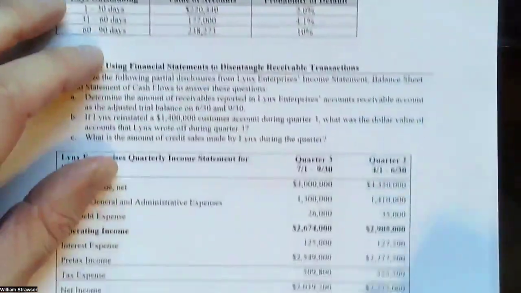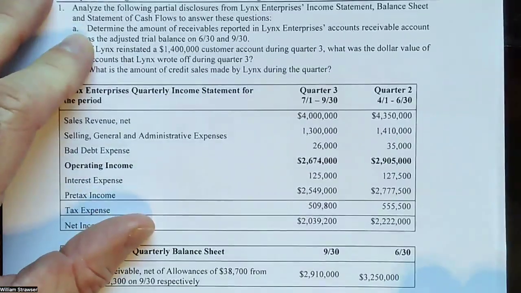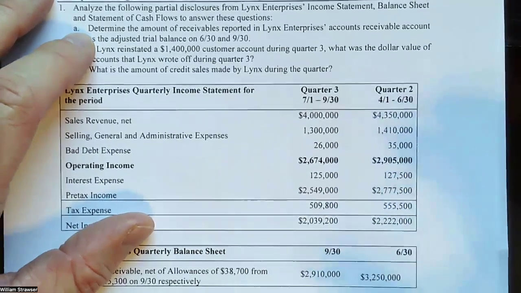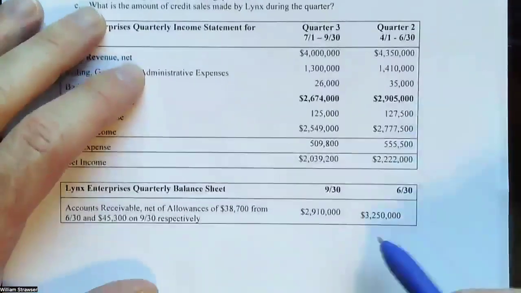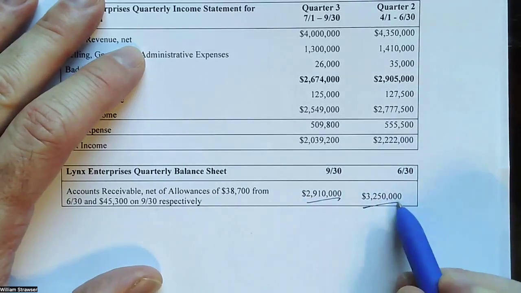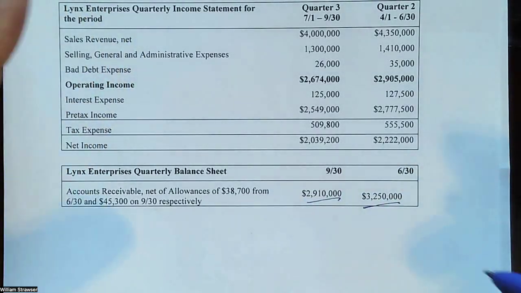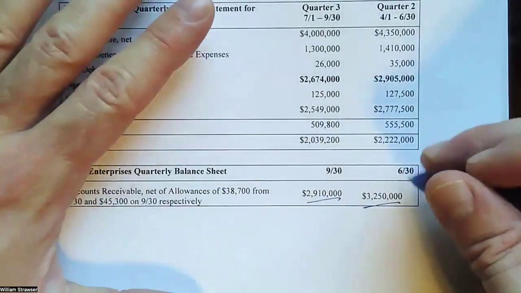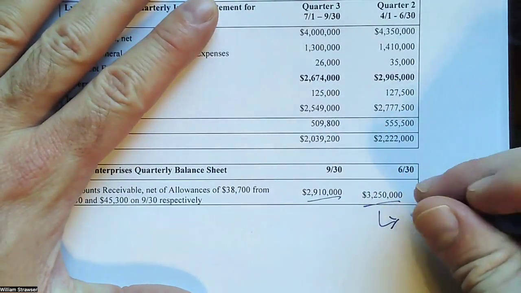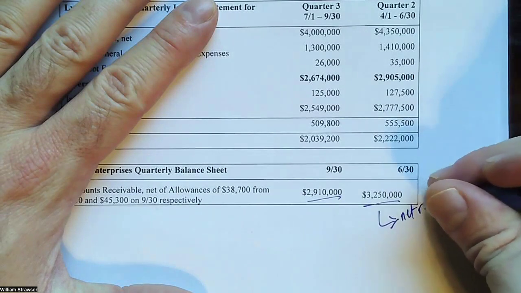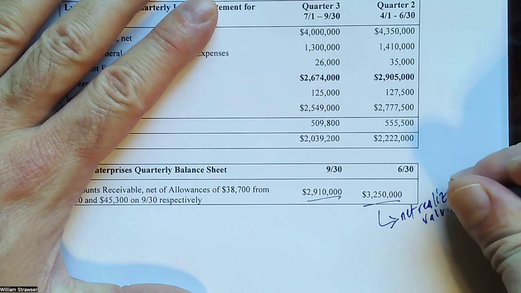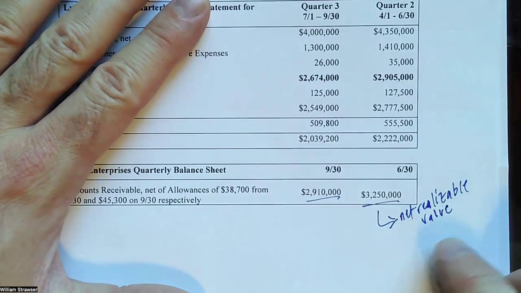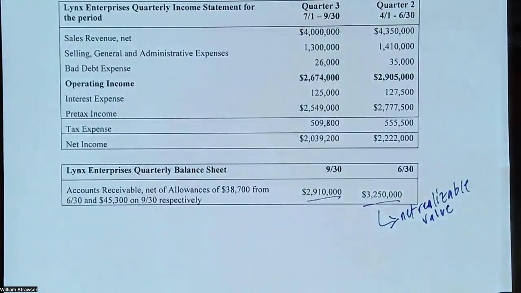This very first question, determine the amount of receivables reported, is testing whether you understand what this number is, like how it was formulated. And remember from your notes, from the book, this is always at the net realizable value. So, what is the net realizable value? It is what we anticipate we can ultimately get, the true economic value we're actually going to get from the receivables.